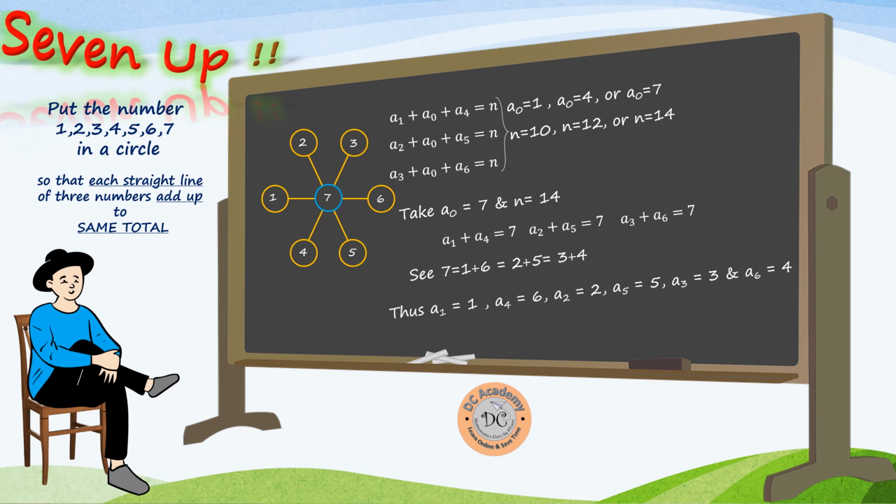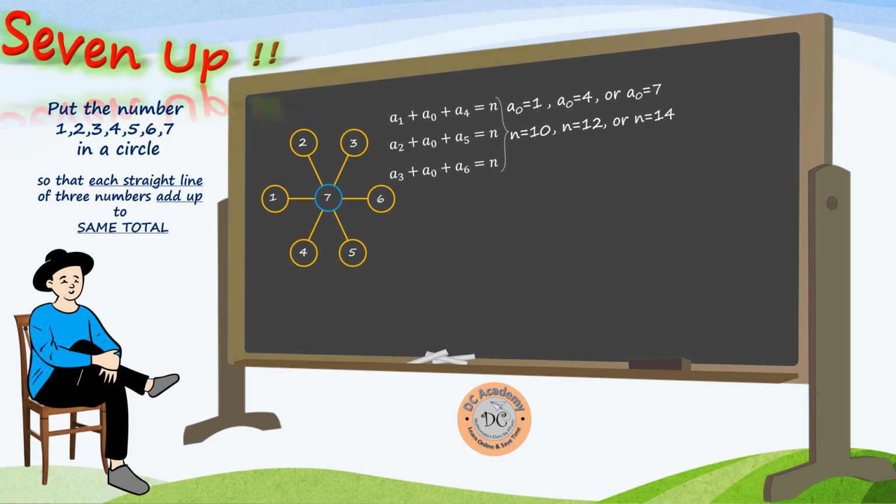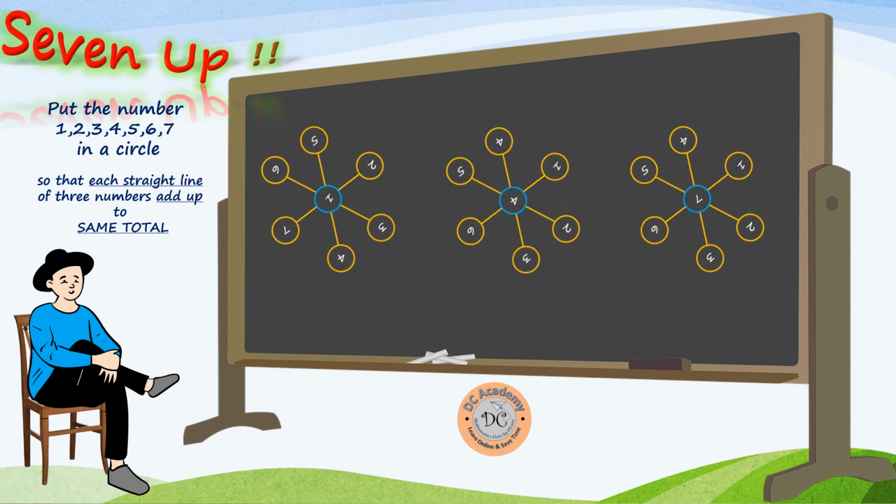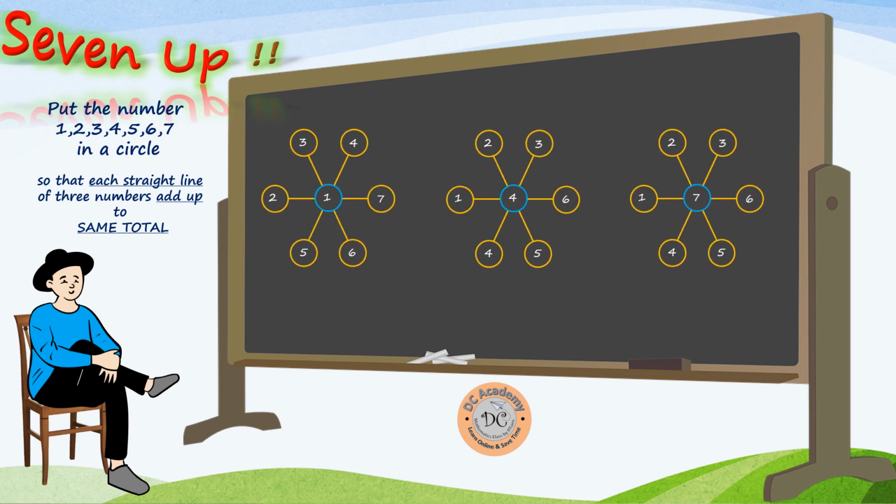So that 7-up puzzle problem is solved, and here we get three different options. If we write them all together, we can say that our three different options are these. So the given puzzle, known as the 7-up puzzle, is solved here, and we have three different options.